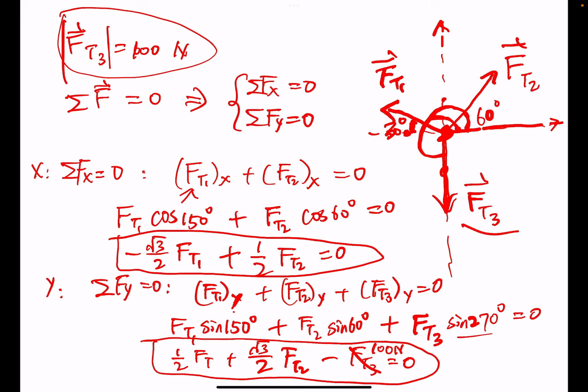Put them together, we can find that Ft1 is 50 Newton, Ft2 is 86 Newton. And this is our answer. Ft3 is 100 Newton, Ft1 is 50 Newton, Ft2 is 86 Newton.